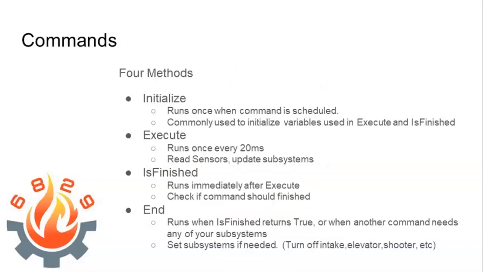When you create a new command, it will automatically implement these, so you don't have to type them in yourself. Your editor will put those in for you. But realize: initialize, set the variables you need to worry about; execute, do stuff; is finished, read values, am I done? And maybe turn some stuff off if you want. All right, so that's what commands are.